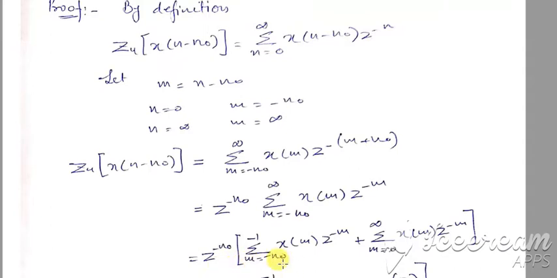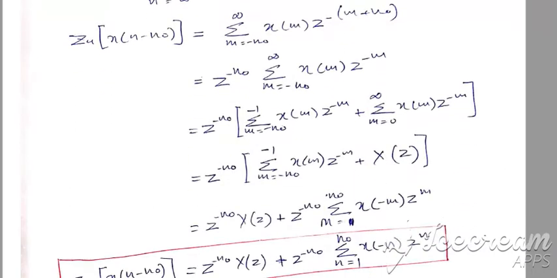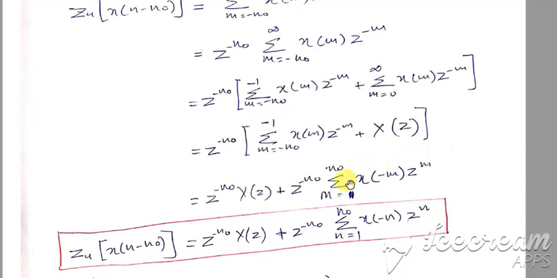Afterwards, we can write the second part as X(z), and the first part as m is equal to 1 to n0, with x[minus m] z raised to the power m.